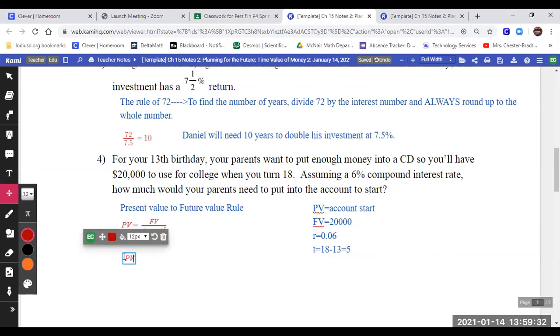Our present value is equal to our 20,000 divided by 1 plus 0.06. Put the parentheses inside, and after the parentheses go to the 5 years.